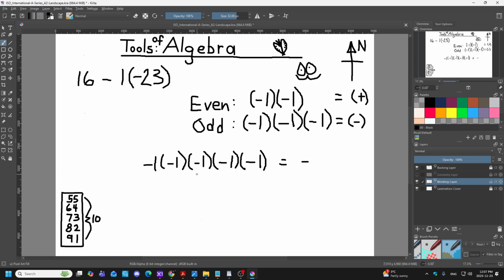Okay, doesn't matter. I could have 17 negatives being multiplied together. It's always going to end up being a negative. Okay, so just remember that. So all you need to do, and this is in regards to multiplying and dividing as well. If you divide two negatives, you're still going to end up with a positive.